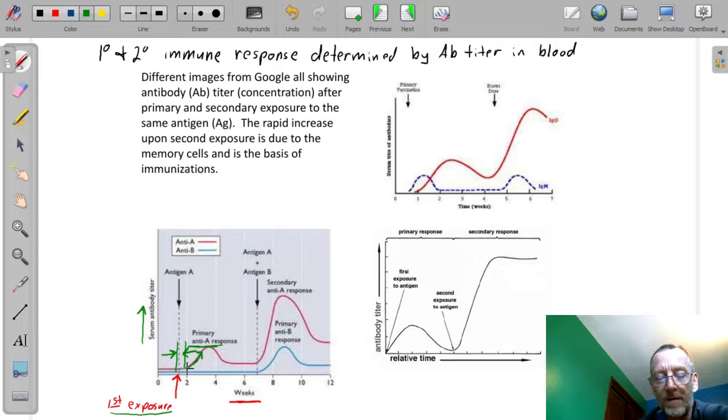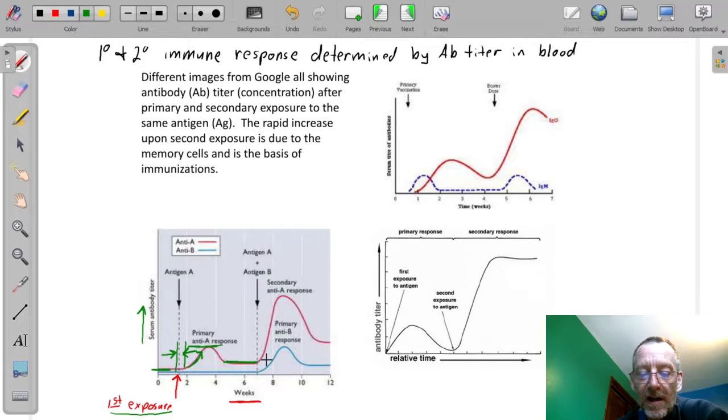We bound to one B cell, made clones, made plasma cells, made antibodies, great, and then that tapered off. The level of antibodies in the blood now, though, is higher than it was before. Before, it was 0. Now it's a little bit higher. So we have a little bit of protection inside our blood from the antibodies.